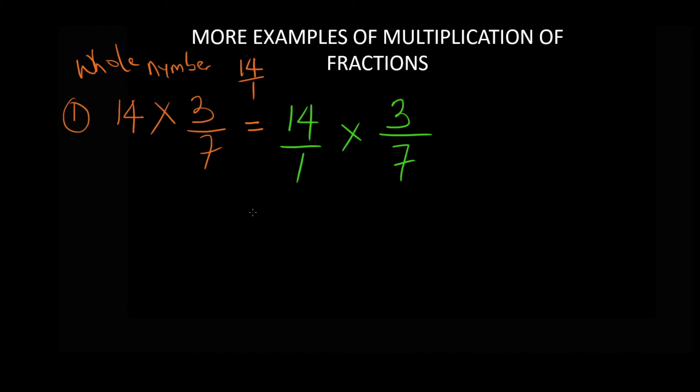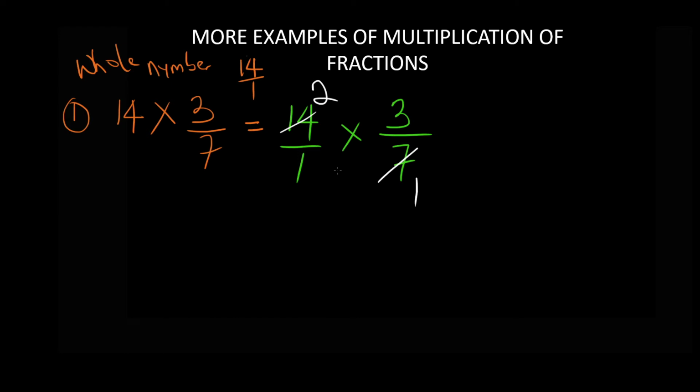So now, how do we solve this problem? 7 can divide 7 and it can also divide 14. Remember, in one of our previous videos, we explained the multiplication of fractions using the cancellation method. So in this case, 7 is a common factor of 7 and 14. So I would say that 7 in 7 is 1 and 7 in 14 is 2.